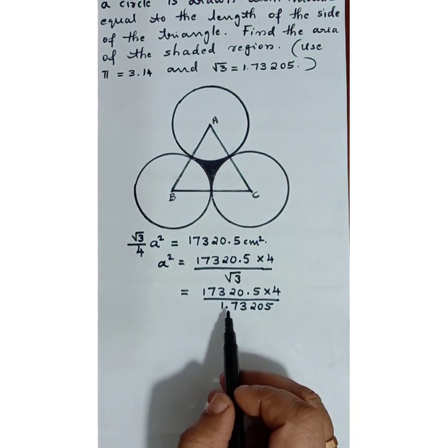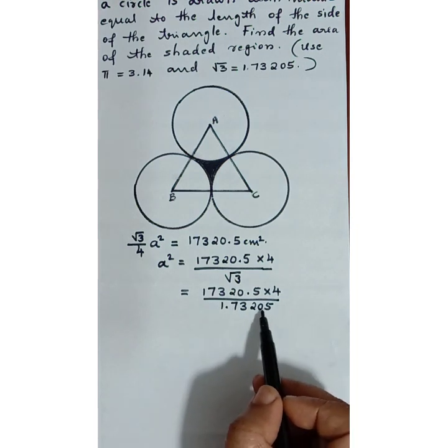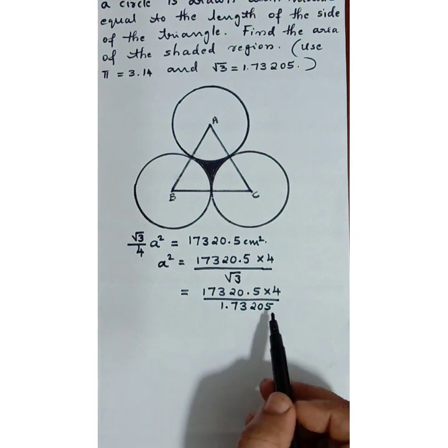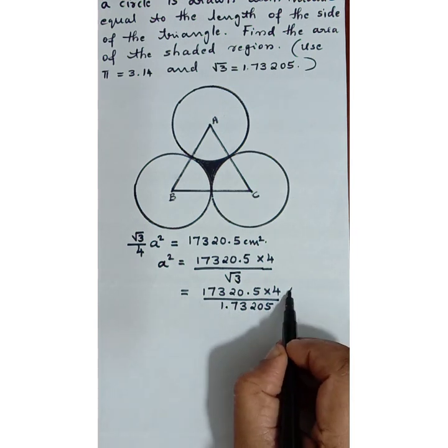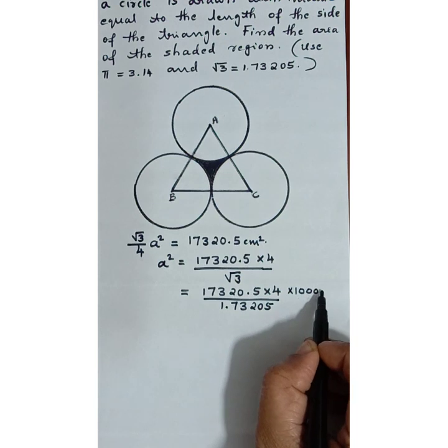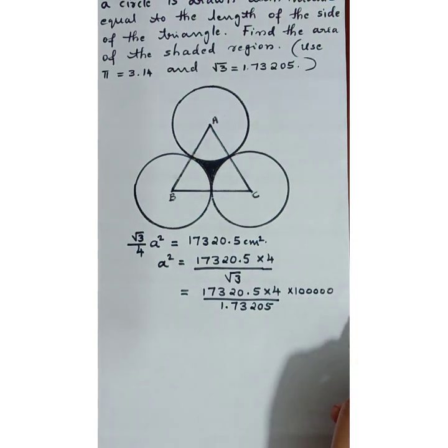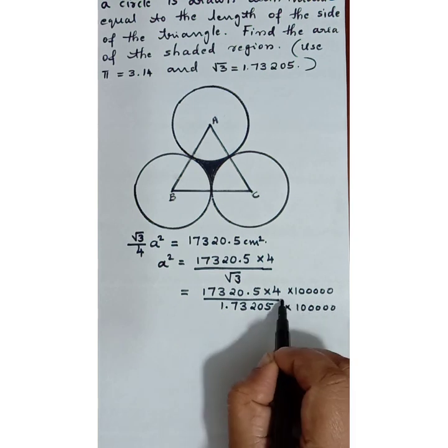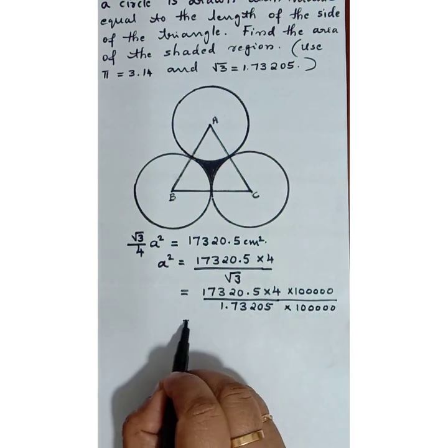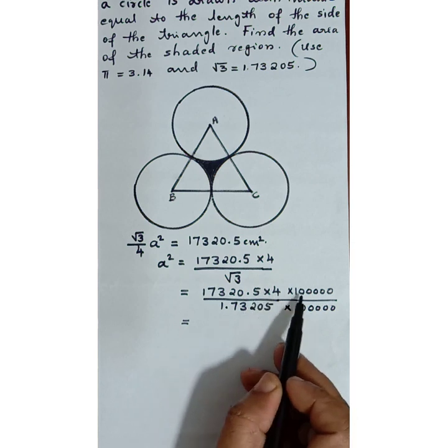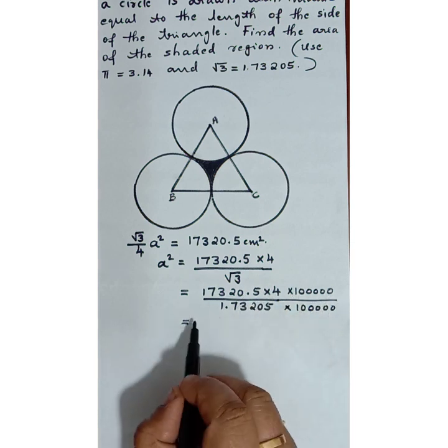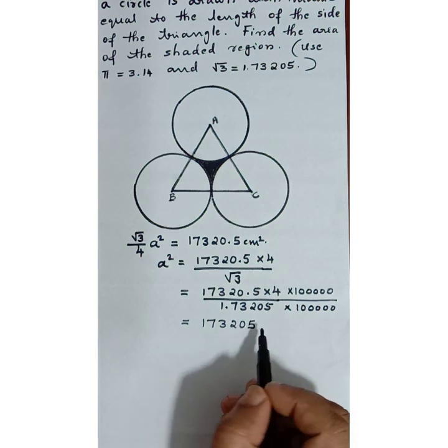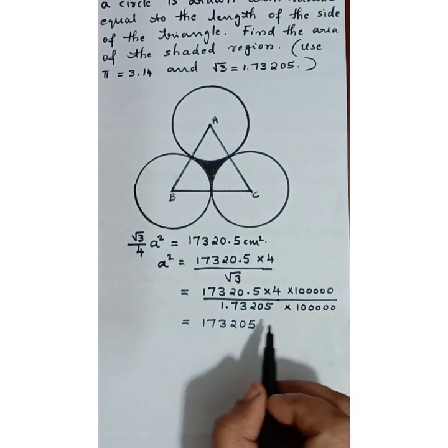As these digits are the same, let us see the decimal. Here we have 5 decimals, so let us multiply by 1 lakh. When I multiply by 1 lakh, I have to do it in the numerator and denominator. So here also I am multiplying by 1 lakh. What happens? The decimal will move 5 places to the right. So 173,205, and then we'll be having 4 more zeros.